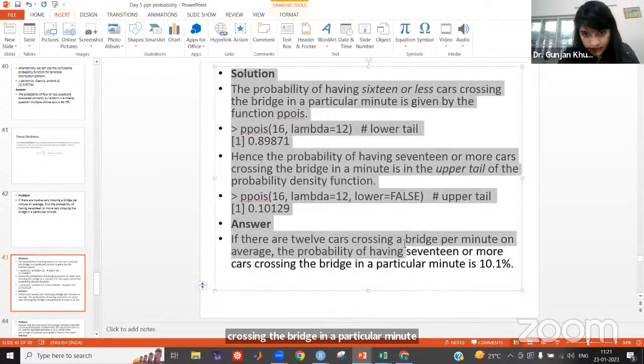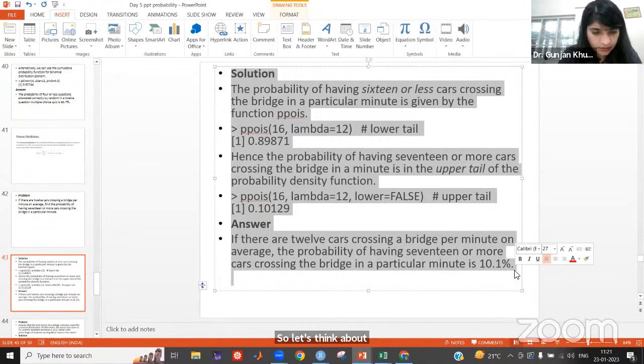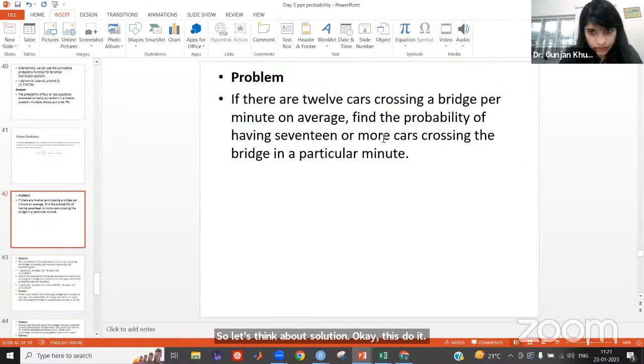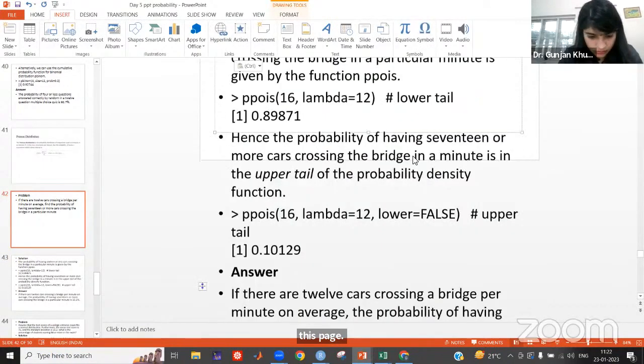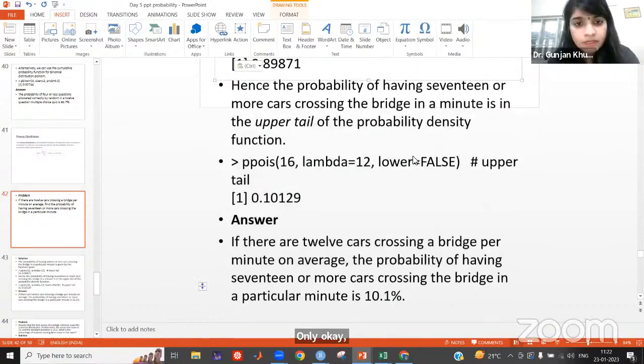So let us think about the solution. I'll just do it on this page only. Since it's the first question, you may think about the solution.